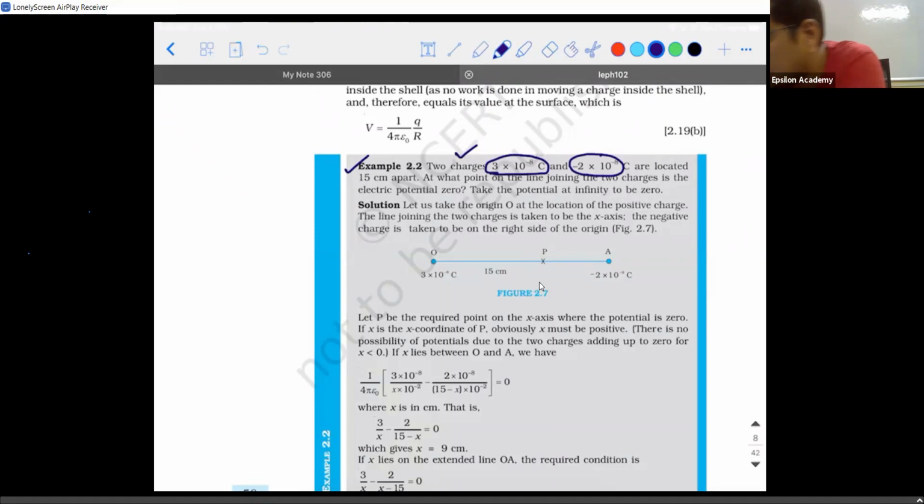So what they are asking is, let me explain the logic behind this question. Problem is simple, but you need to visualize what exactly happens.